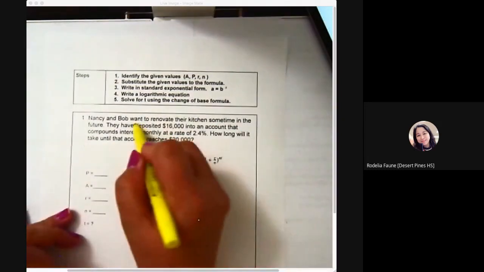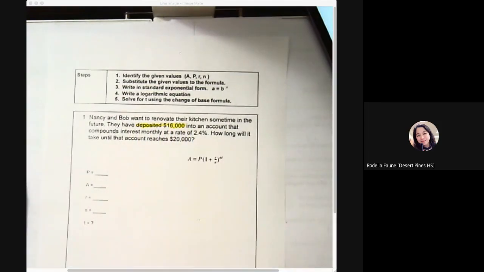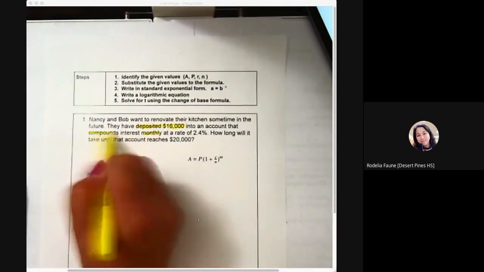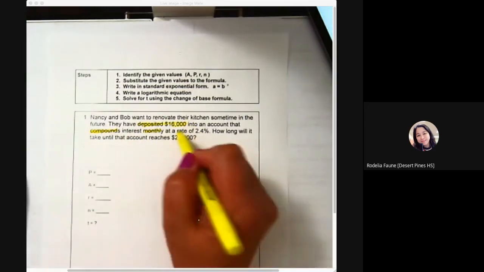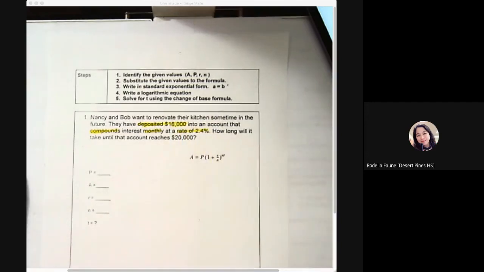So let me remove this first. Our first problem is here. Nancy and Bob want to renovate their kitchen sometime in the future. They have deposited 16,000 into an account that compounds interest monthly, at a rate of 2.4%.